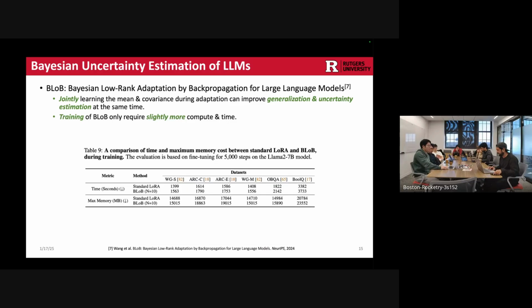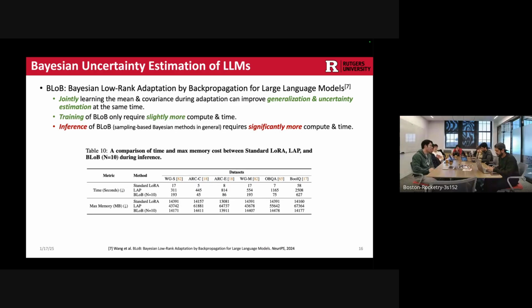So yeah, but we actually have a bad message here, because for almost all the sampling-based Bayesian methods in general, and blob is of course one of them, the inference time of blob requires significantly more compute and time.